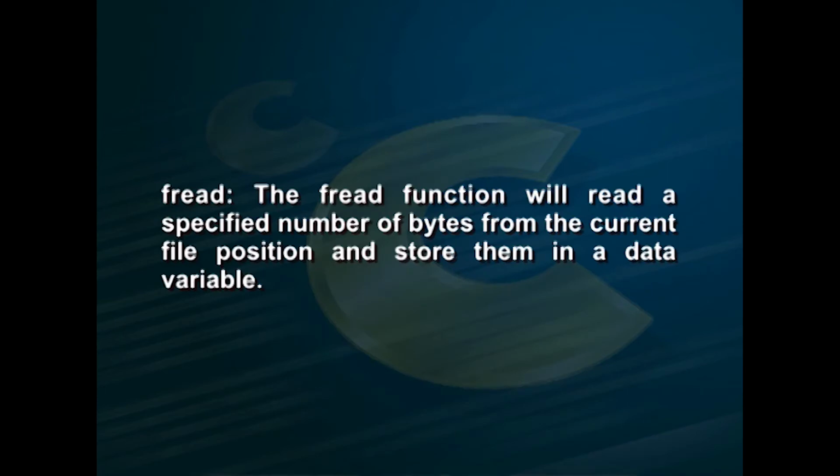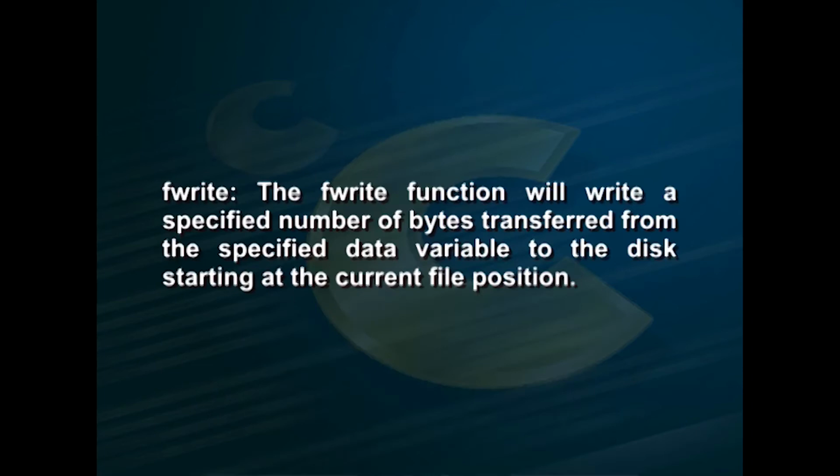fread. The fread function will read a specified number of bytes from the current file position and store them in a data variable. It is the programmer's responsibility to ensure that the data type of the variable matches the data being read and that the number of characters that are read will fit into the allocated data space. fwrite.